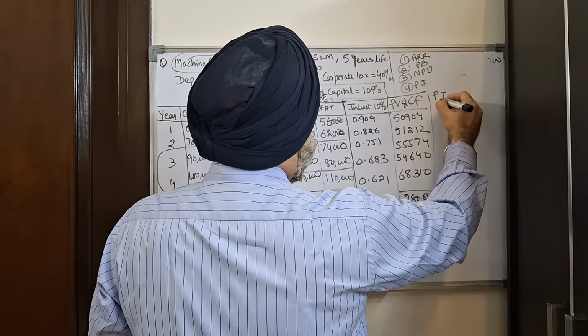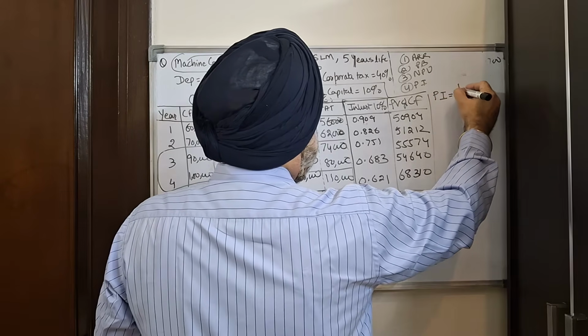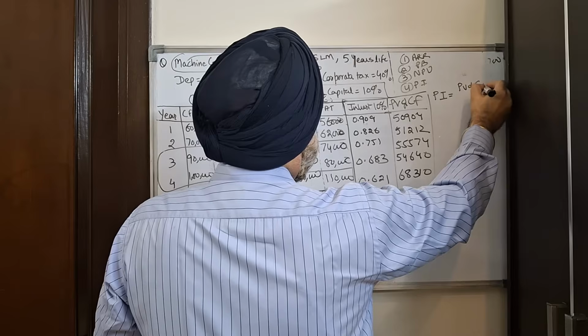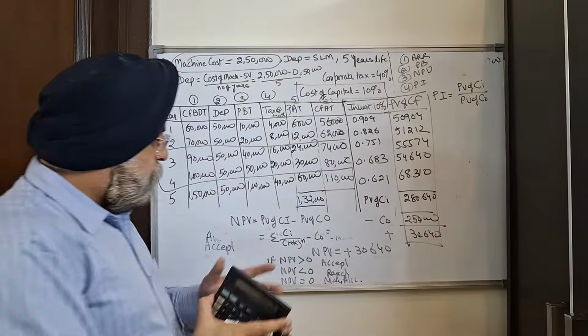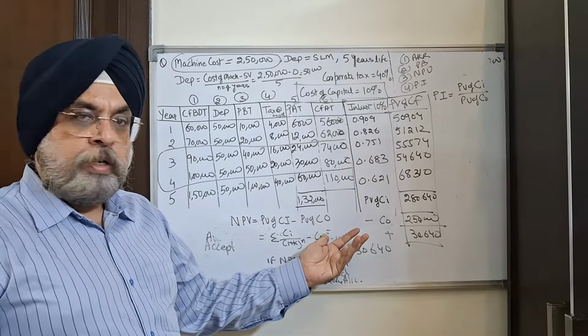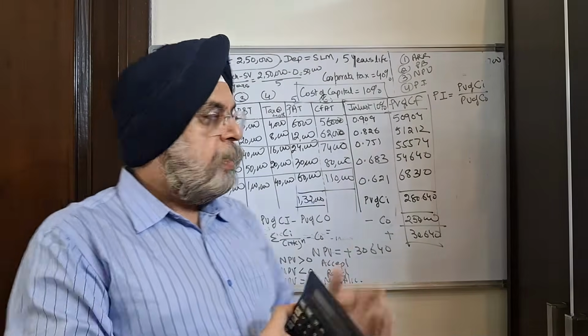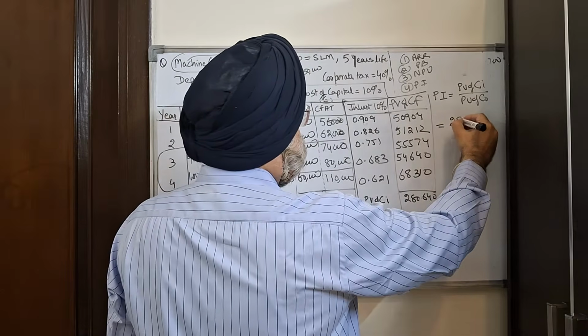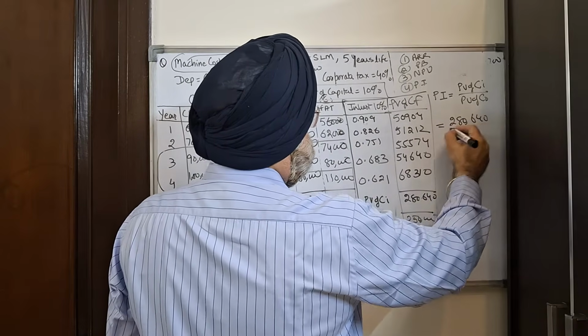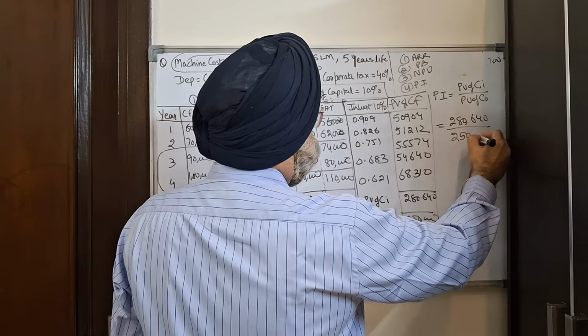The formula for profitability index is present value of cash inflow upon present value of cash outflow. In NPV we subtract the two, in PI we divide them. So present value of cash inflow is 2,80,640 divided by 2,50,000.